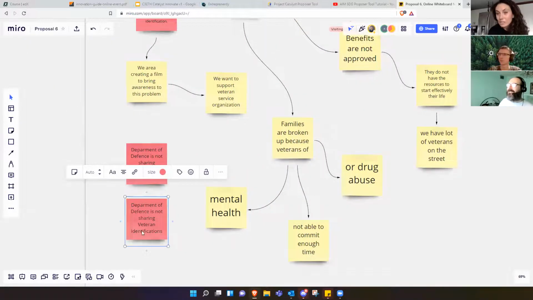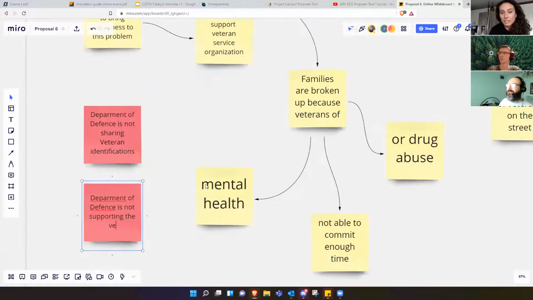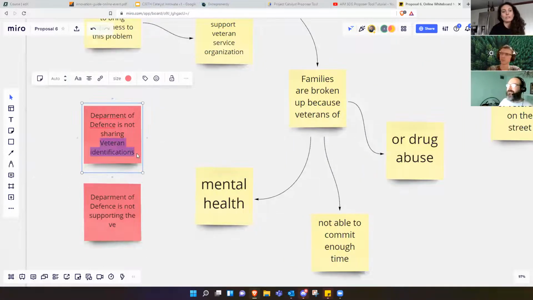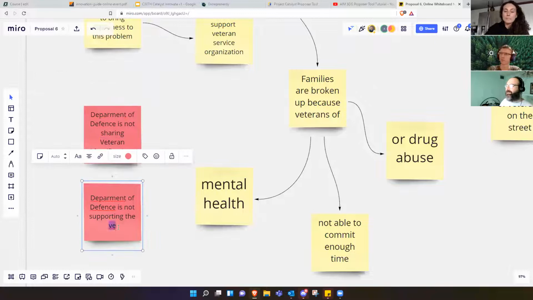So maybe the thing we want to take. We are trying to get funding for our film, so I was going to submit that to the miscellaneous challenge, and that is going to bring awareness. Part of the movie, we are going to show this guy being denied his benefits, and then by the end of the movie, with the help of some different things that we're going to do, he gets a call and gets his benefits.